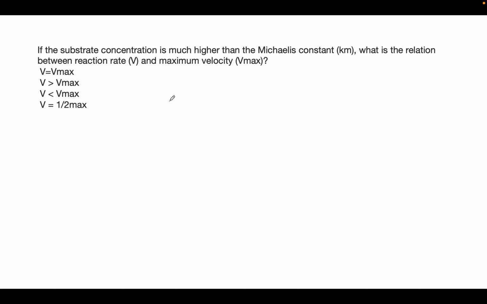So we have V0, okay, that is reaction rate, Vmax, substrate concentration upon Michaelis-Menten constant plus substrate concentration, and in the question it is saying that substrate concentration is much higher than Km, that is we can just ignore Km.